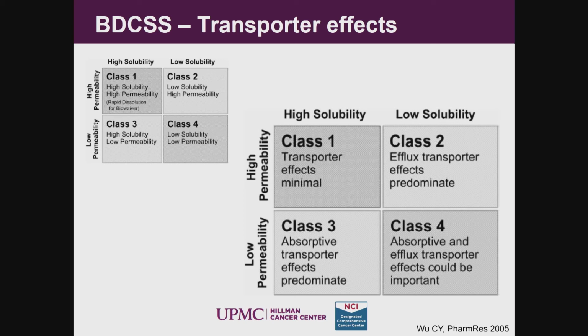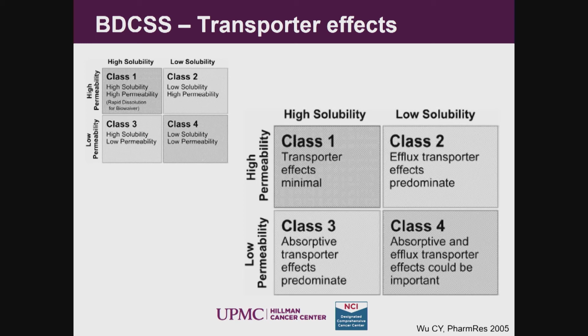So these transporter effects that we just discussed, they have also been expressed in the BDDCS system as follows. If you have a class 1 compound, then there are no transporters needed to get into the enterocytes, and they enter at such a high rate that efflux pumps will not have an impact. So transporter effects are minimal. Class 2 compounds, they will enter membranes very easily, but not to a high extent because their solubility is low.